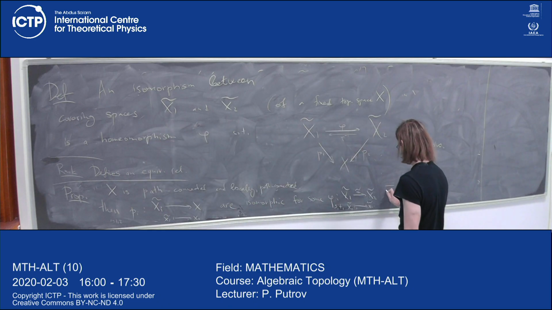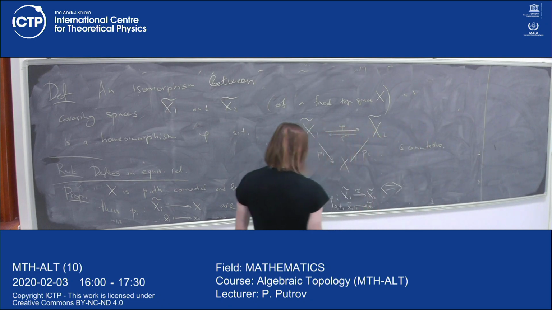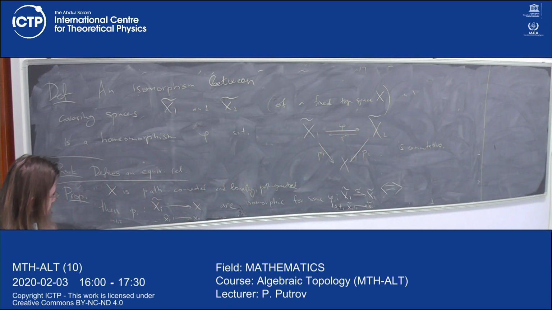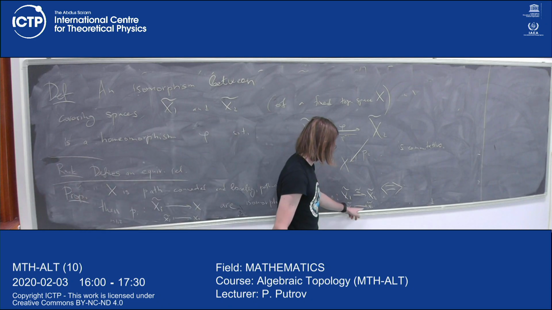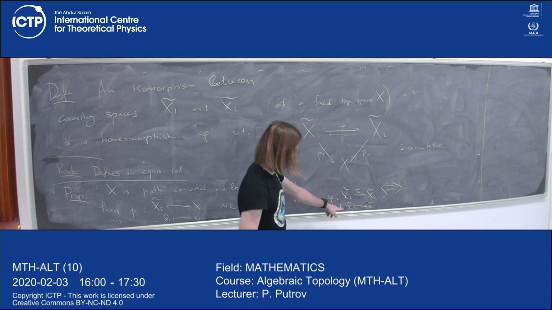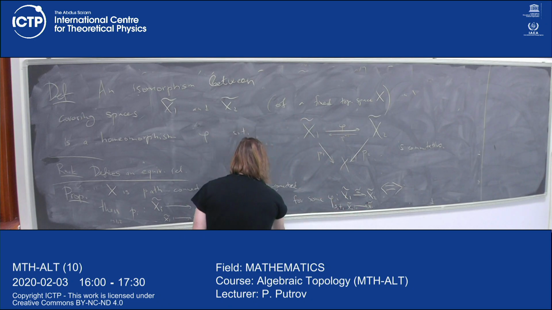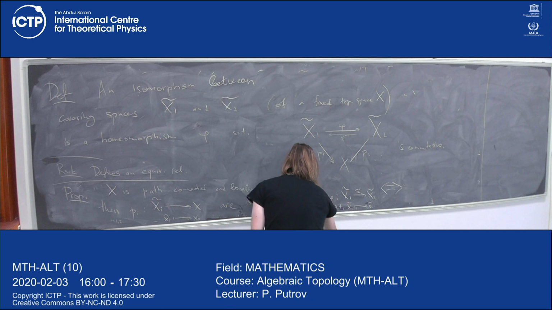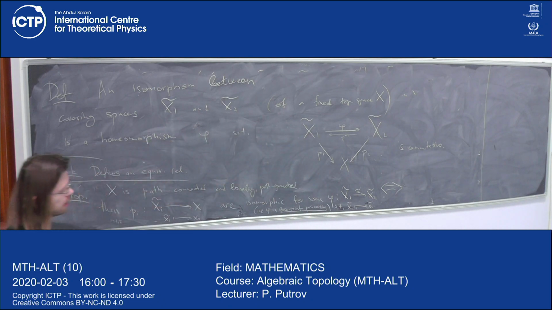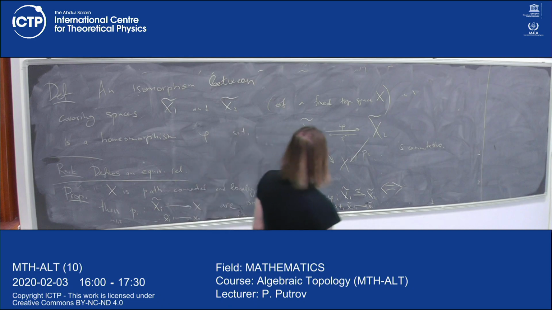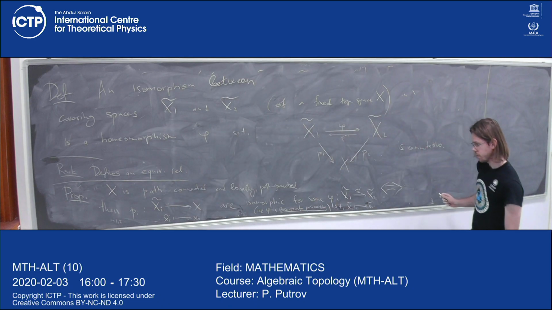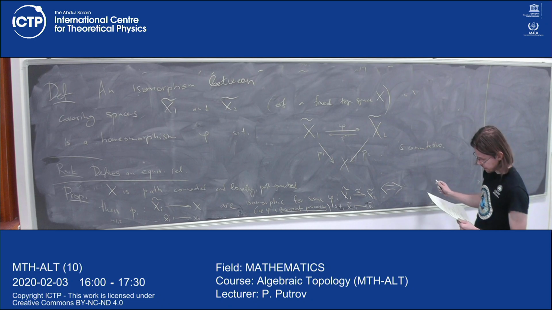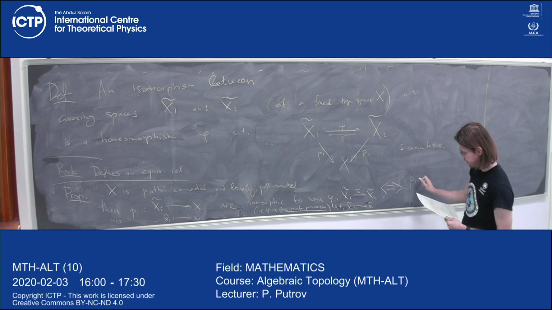So the existence of phi which satisfies this is what is called a base point preserving isomorphism.